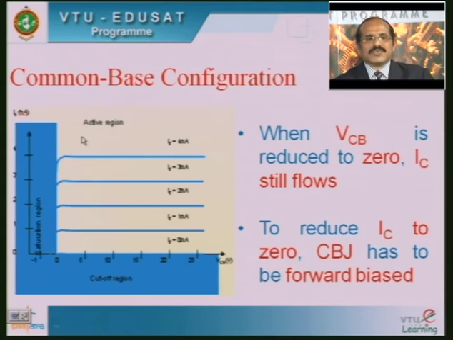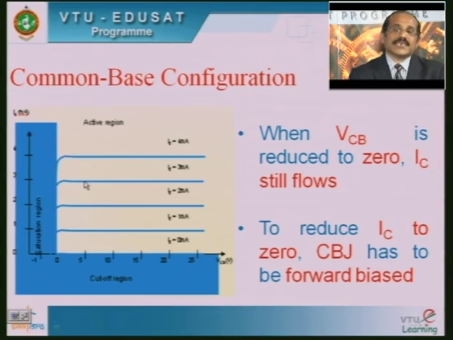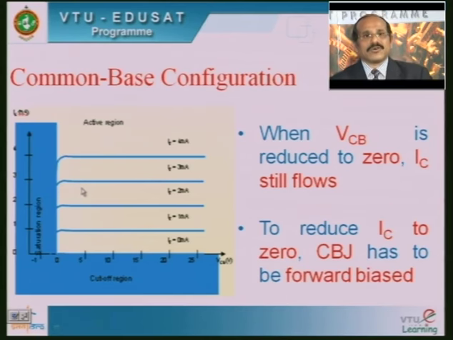For VCB equal to 0 there is no bias, but you know that under the no bias condition there is still a depletion layer across the collector junction, and because of this there will be a current flowing through the BJT device. In order to reduce this collector current to 0, what do you need to do?